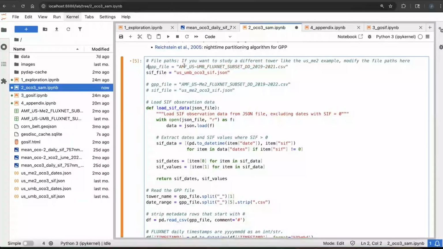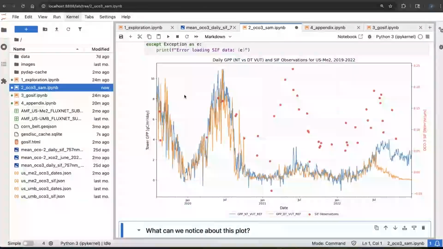I'll comment out the original lines that we used for producing our plots with UMBS site data, and I'll uncomment these lines to represent the USME2 site data, and then I'll run the cell again.